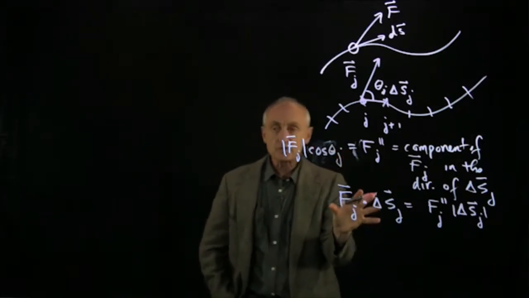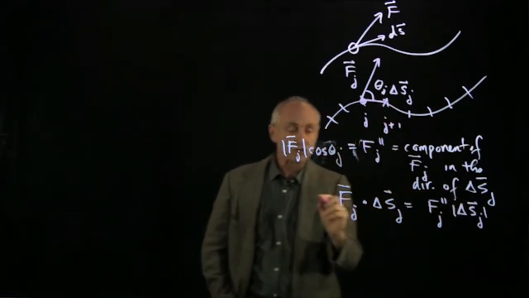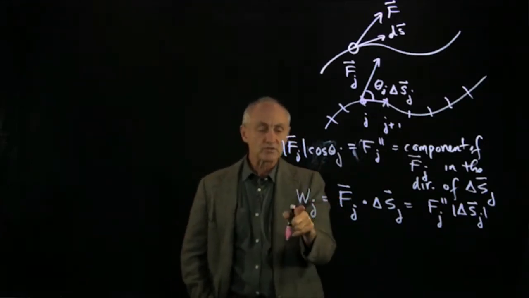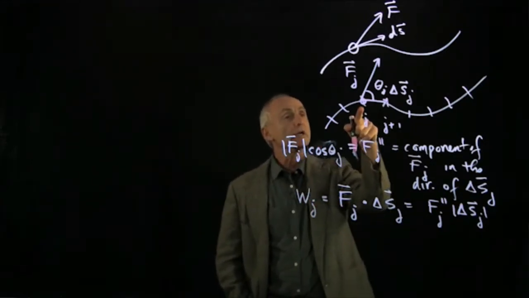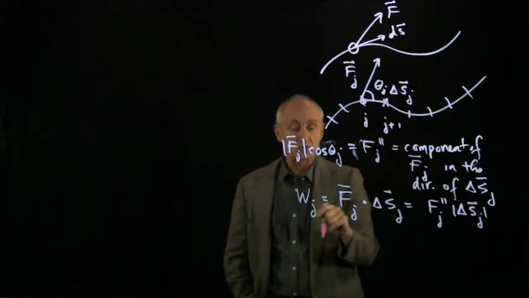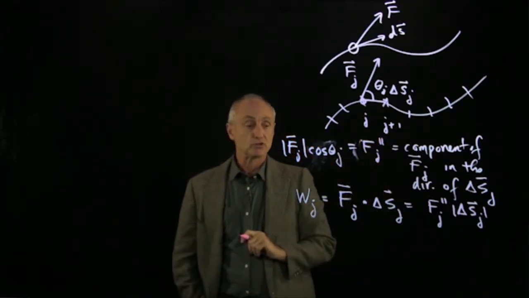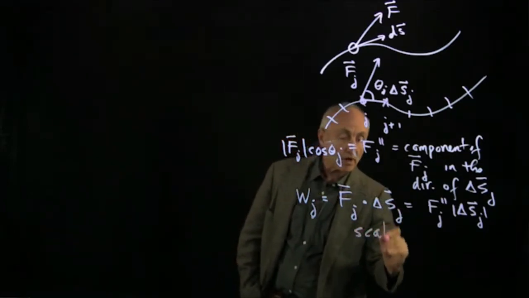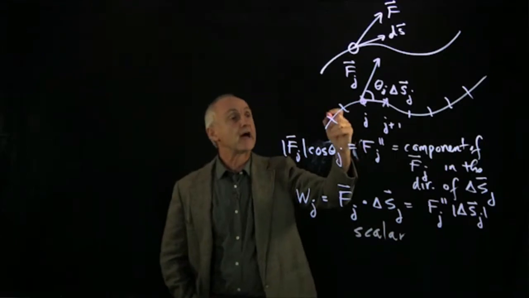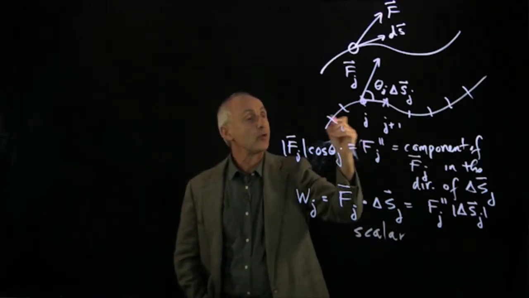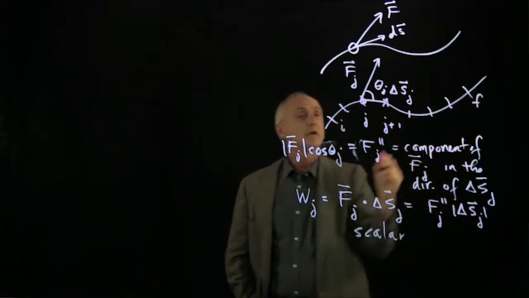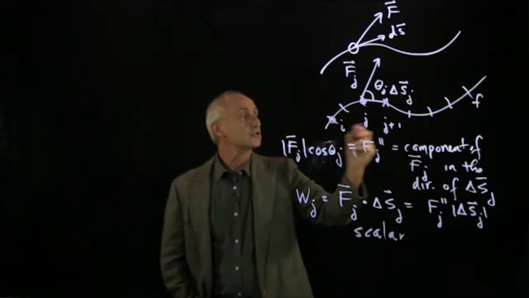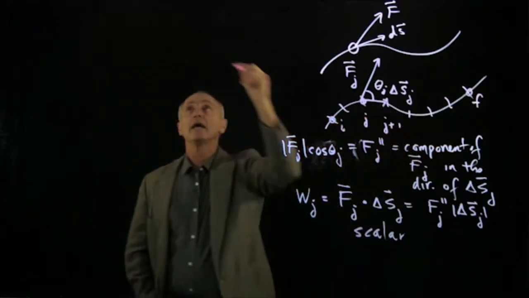Now, because this is the amount of force in the direction of the motion, that's how we've defined work done. And we'll symbolize the work done in taking the particle from j to j plus 1 by the symbol wj. And now, this is a scalar quantity. And when we want to find the total work, what we have to add up is, from some initial point to some final point, how much work is being done in taking our particle from the initial position to the final position.